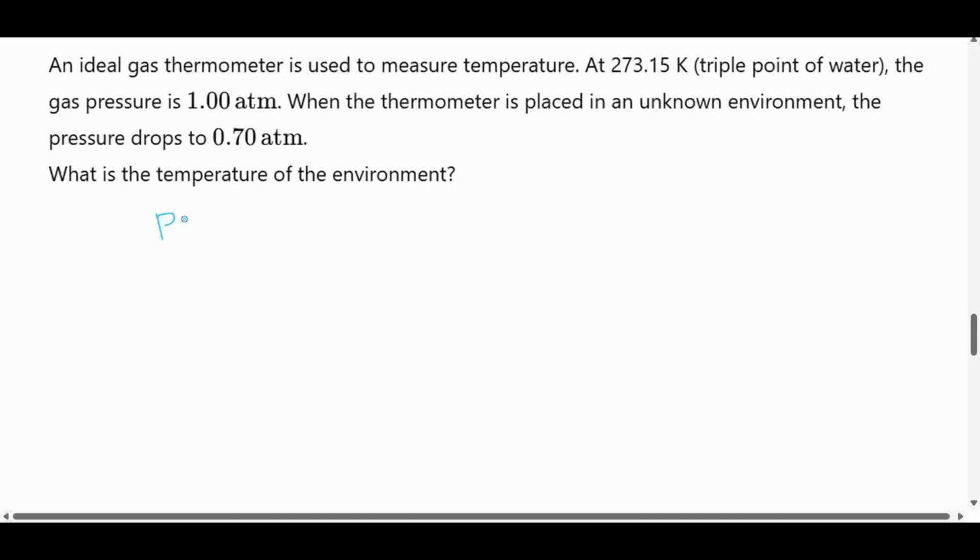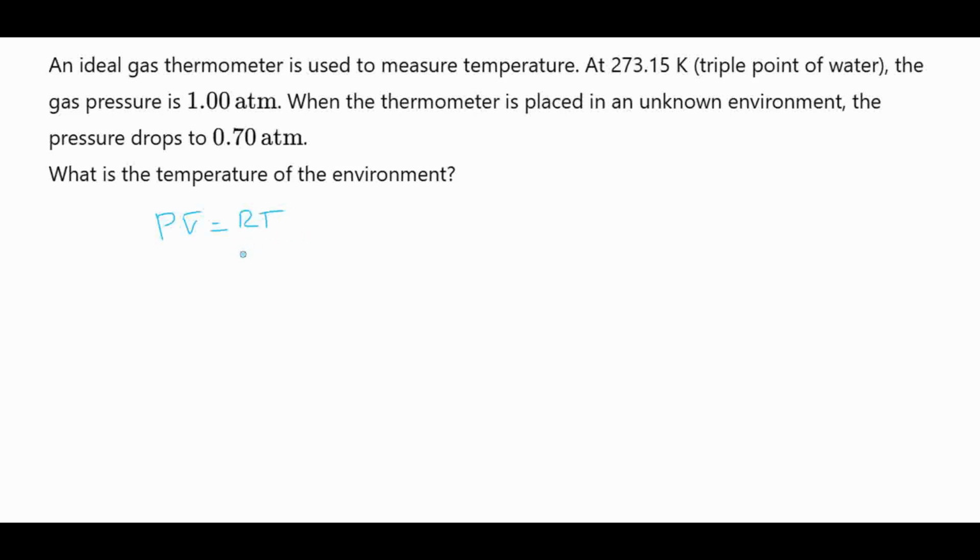We know that PV is equal to RT, and as it is a constant volume thermometer, V is constant, and R is the gas constant, so this is also constant. So P is directly proportional to temperature.